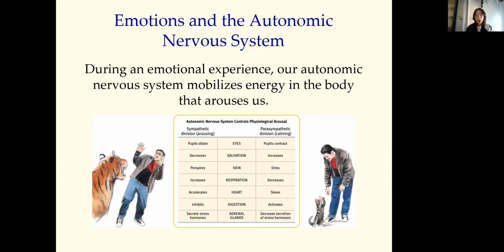And what is the nervous system doing? Our pupils contract, our salivation increases, our skin dries, our respiration decreases, our heartbeat slows, our digestion activates, and our adrenal glands decrease secretion of stress hormones. So we can see how our autonomic nervous system reacts to our emotions.